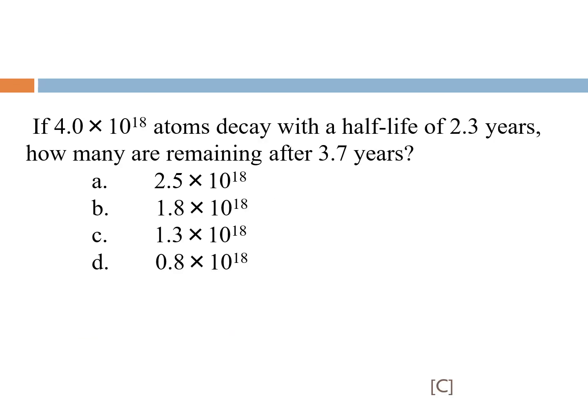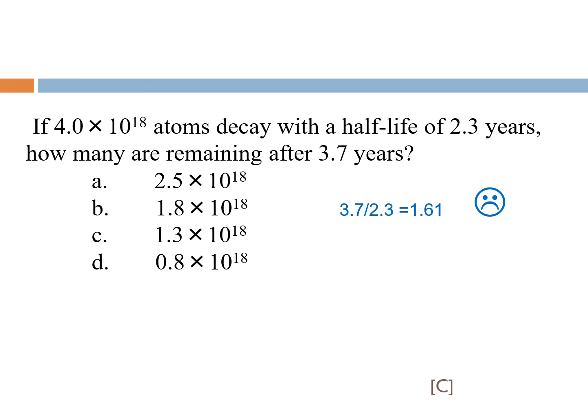Let's see an example that can be slightly trickier. It looks like the other one. The problem is that when I go to calculate 3.7 divided by 2.3, oh shoot, it's 1.61. It's not really a nice number, right?